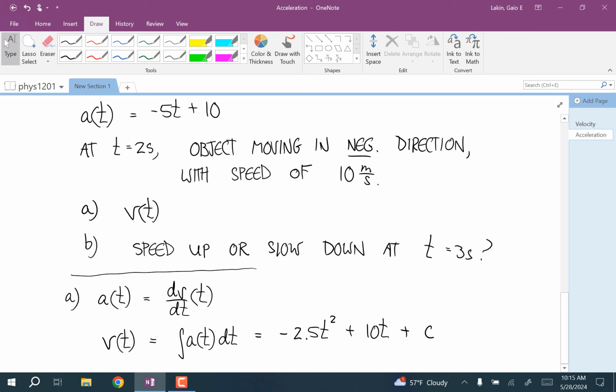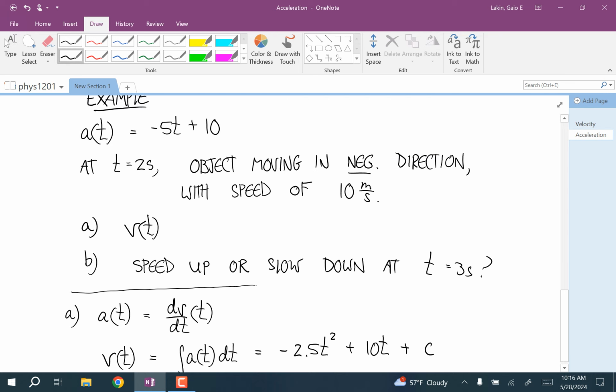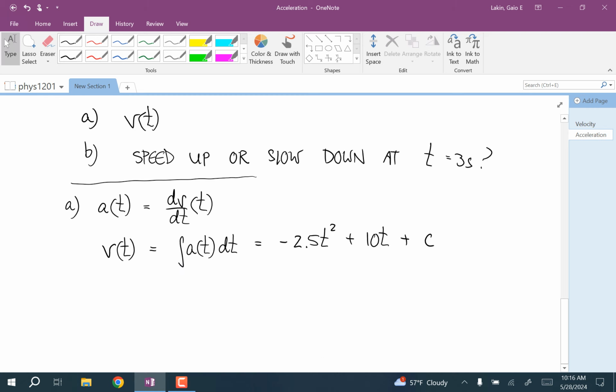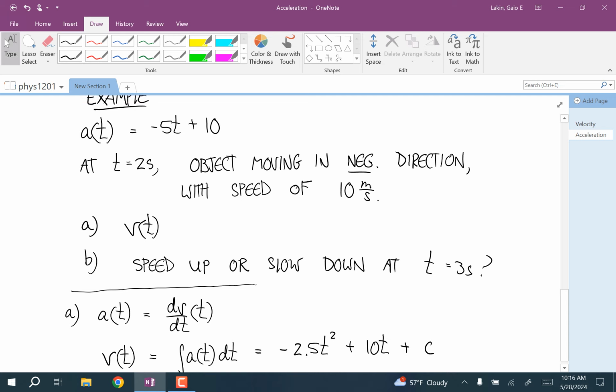Well, we're given information that we can use to calculate what that c is. So we are going to plug 2 seconds in for the time, and we're going to use the other information to tell us the velocity. We know that it has a speed of 10 meters per second, and it's moving in the negative direction.